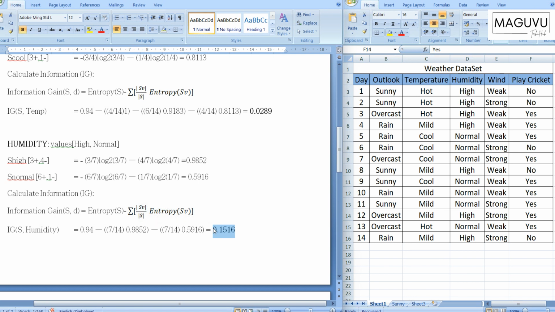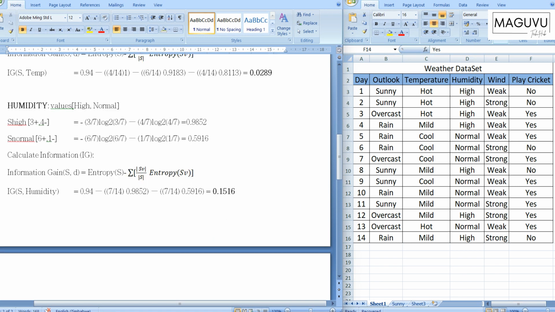So we have gone through overcast, temperature, humidity, and we also have to do the same for wind. So let's consider wind in our calculation. What are the values of wind?